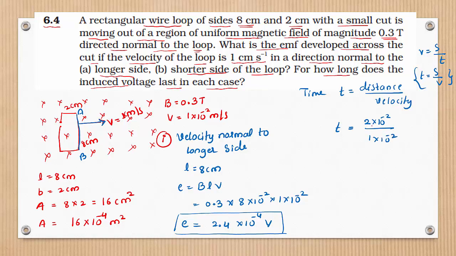Now the question arises, why do we have to take 2 centimeter, why not 8 centimeter? Observe this diagram. Here this rectangular loop is moving in this uniform magnetic field. How is it moving? Only this longer side is moving perpendicularly to this uniform magnetic field.